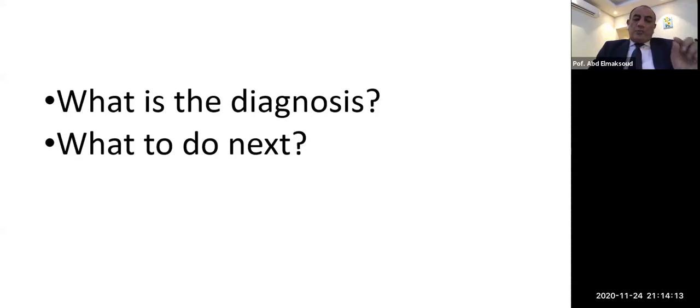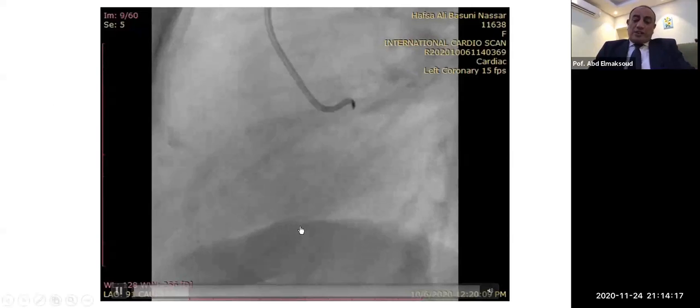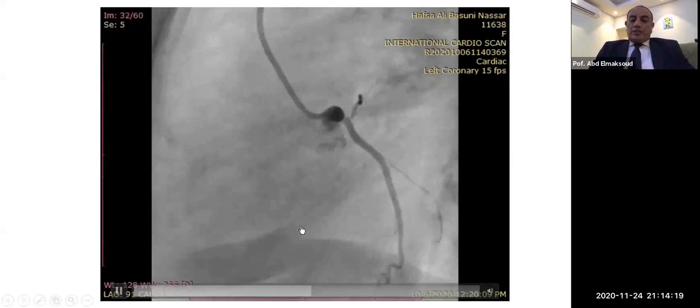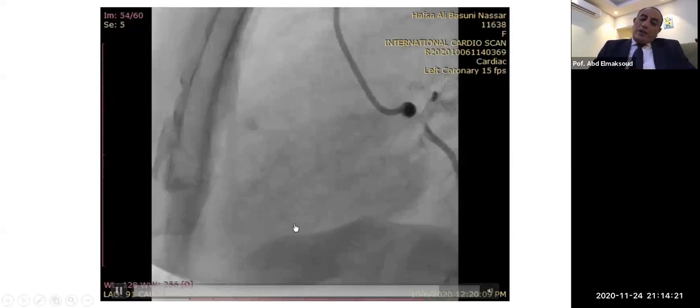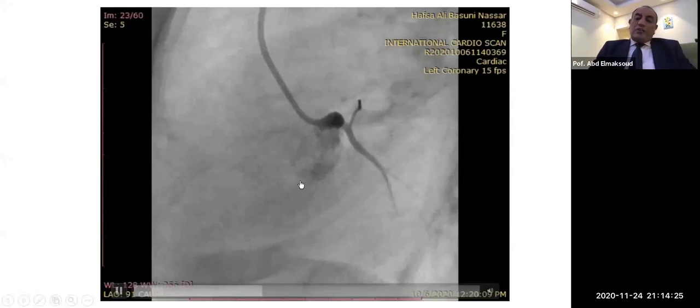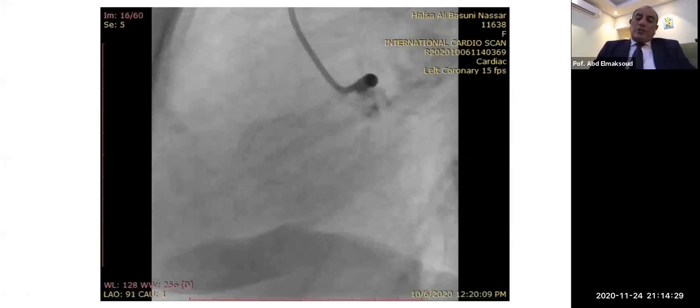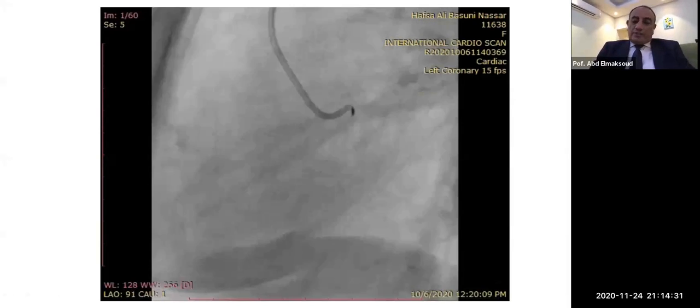So this staining is most probably related to dissection. Yes, this is staining in the proximal LAD, and most probably this is a dissection starting in the proximal LAD, and most probably it is related to the tip of the catheter.